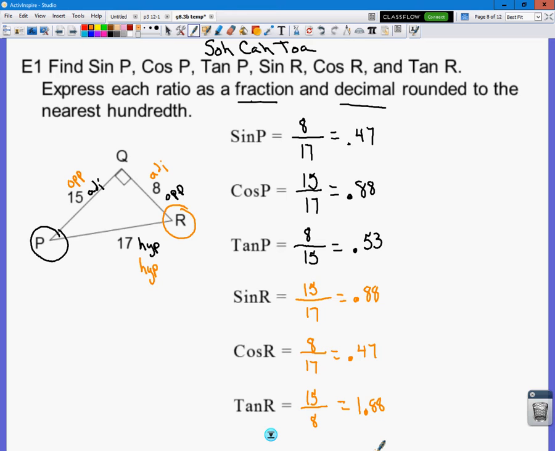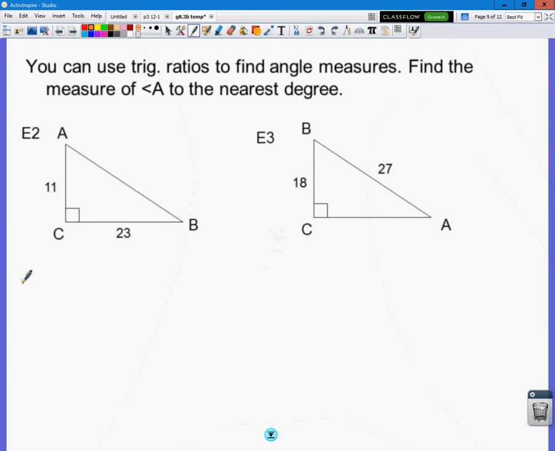Now remember, yesterday we used sine, cosine, and tangent to find a missing side length. Let's take a look at our next examples. You can use trig ratios to find angle measurements, and they're asking me to find angle A. Still based off of this.